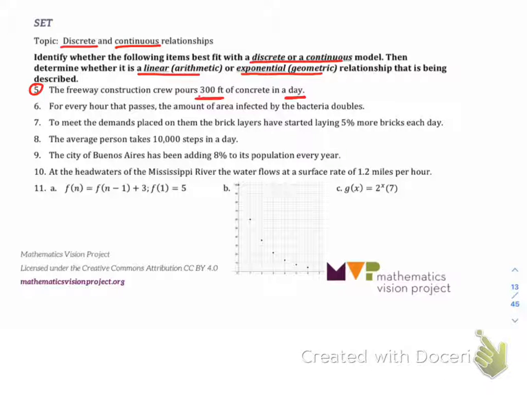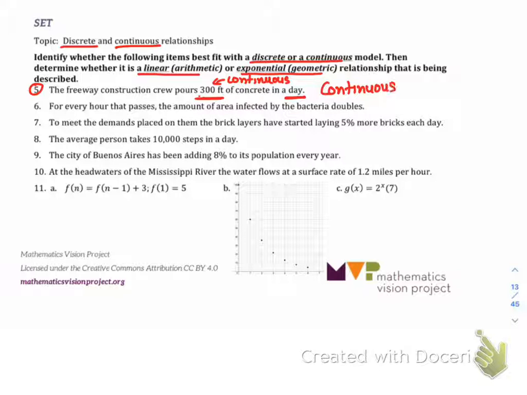The feet is a continuous variable, like you can have decimals for that. The day is discrete, you can count the days, but the feet is continuous, so in this case it's going to be continuous.